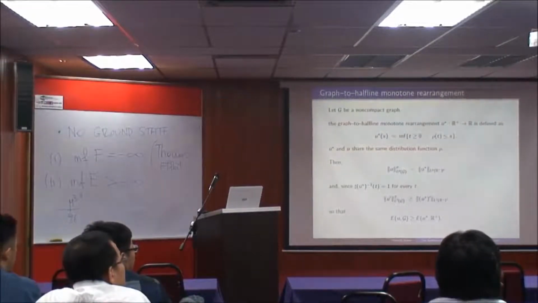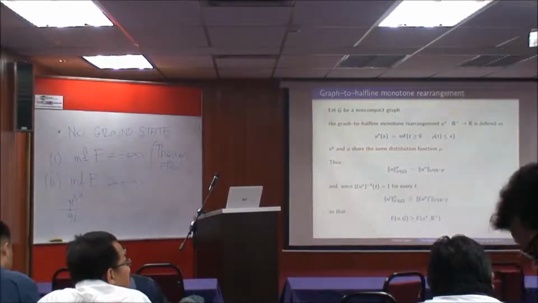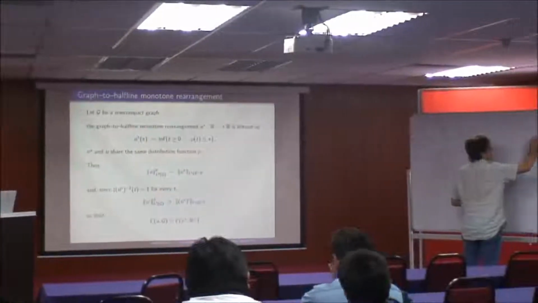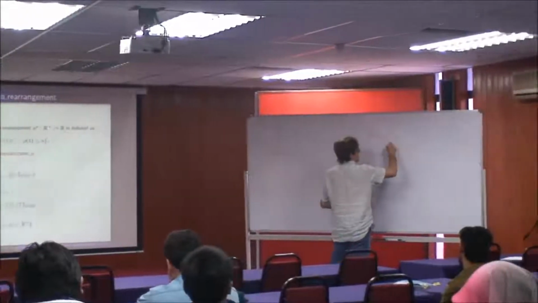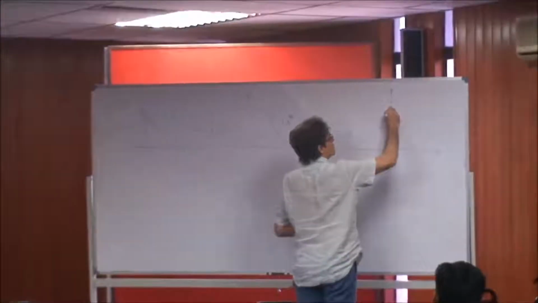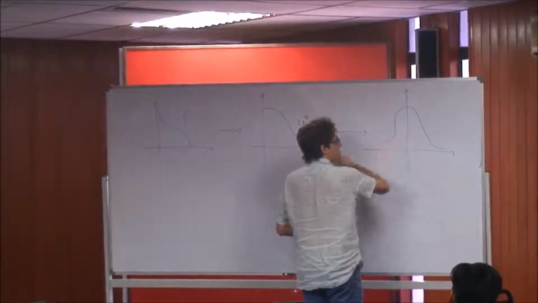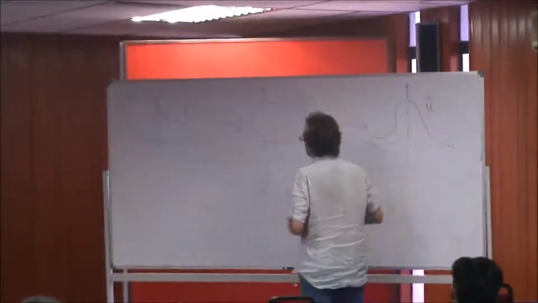If you have this rho, I already displayed this picture yesterday, then you have u star, which is the inverse of rho, and then you can just squeeze u star by a factor of 2 and extend it by symmetry, and this is u hat, the symmetric rearrangement.